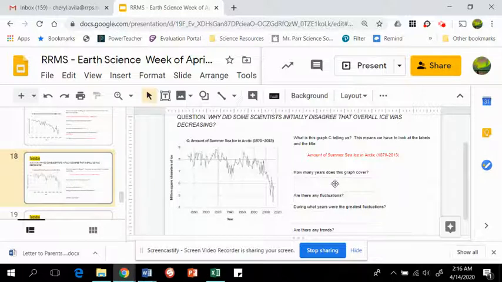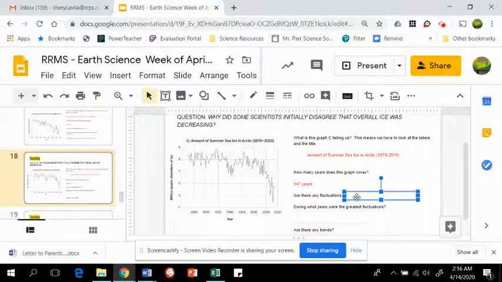Next question, how many years does this graph cover? What is the range? Well, we would subtract 2013 minus 1870, and that would give us 147 years. Are there any fluctuations? Oh yeah, there's a lot of fluctuations here. Goes down, goes up, goes down, goes up, goes down, goes up.